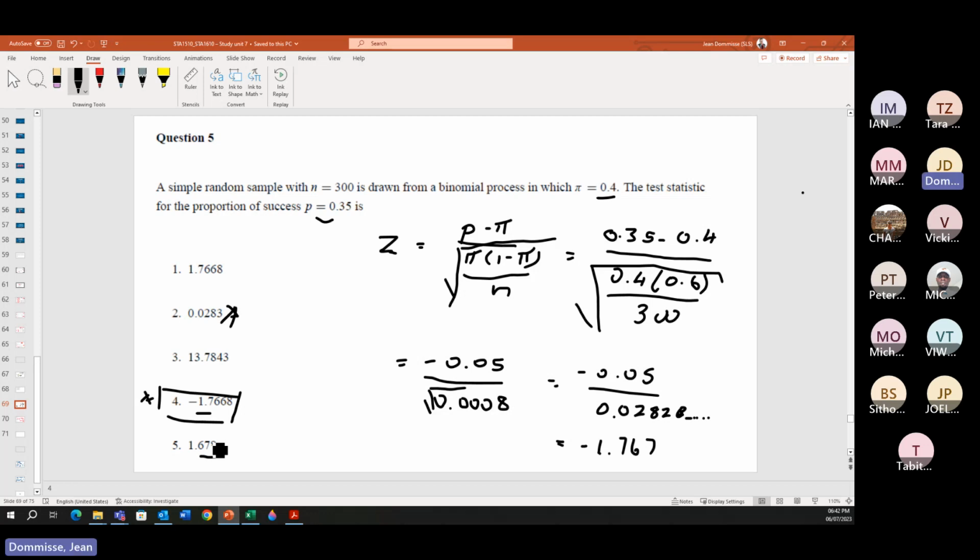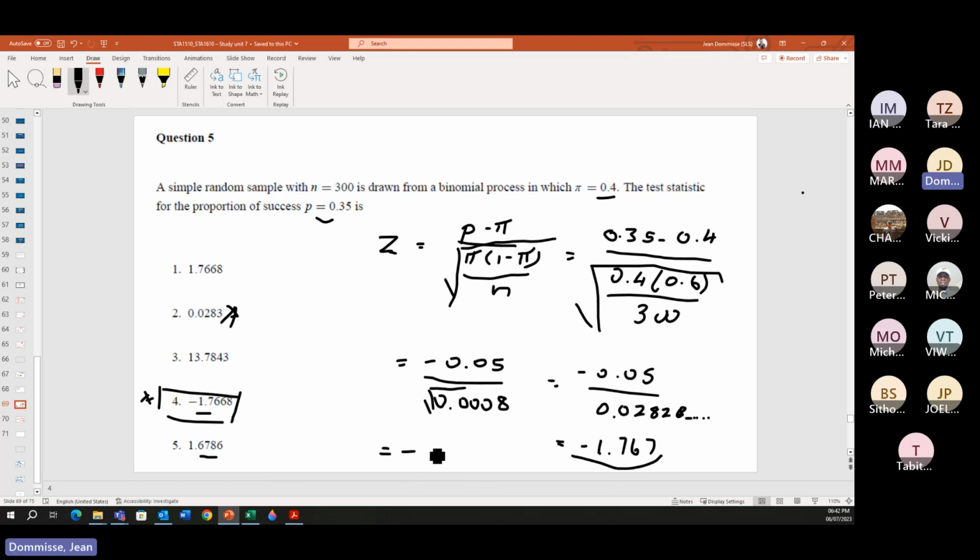So you did not need to work out the probability. If you needed to work out the probability, depending on if it was bigger or smaller, then you would, please, round this off to 2 decimals. So let's just do that.